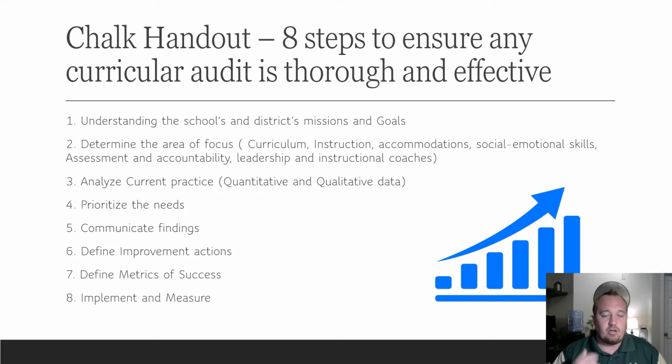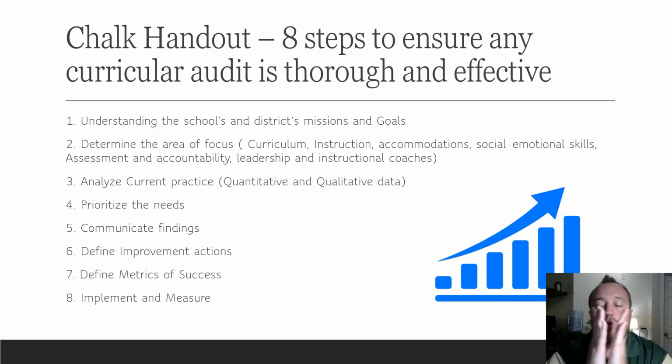After you analyze all your data, you need to prioritize your needs. What do you most need to focus on through this audit? Once you figure that out, you're going to communicate your findings to your staff or to your people. You're going to define improvement actions, like this is what we're going to be doing to fix this problem. I really like number 7. You're going to define metrics of success.